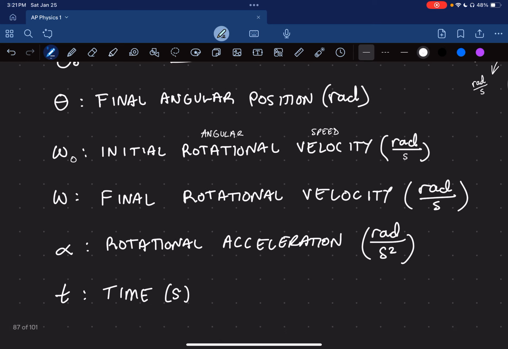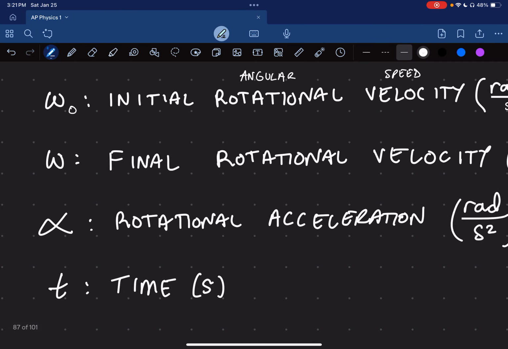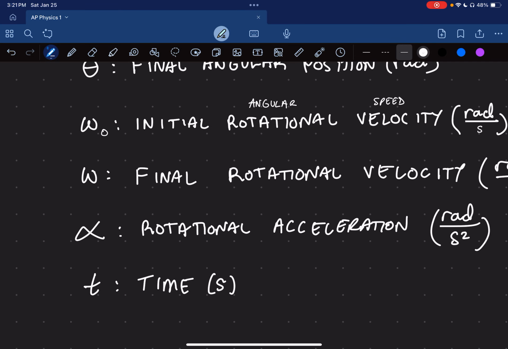So, for that matter, if the angular speed is changing, which it will in these problems, then we have a rotational acceleration. This is Greek letter alpha, so it's just like a fish symbol. And we call that the rotational acceleration.